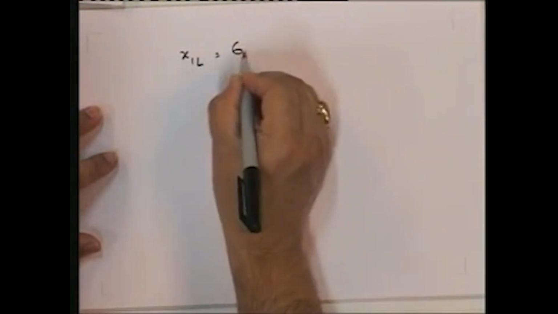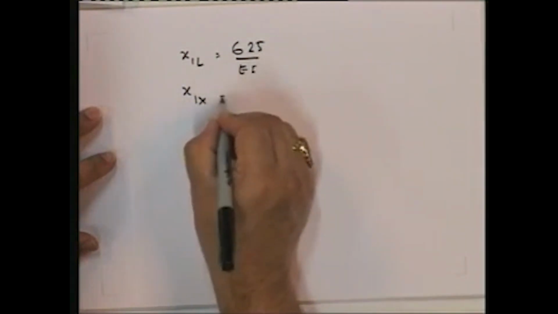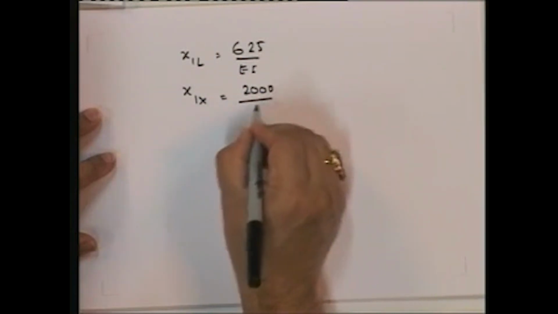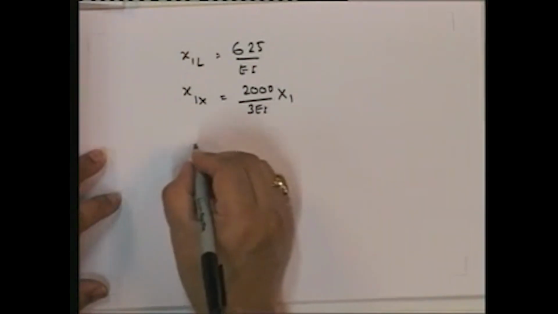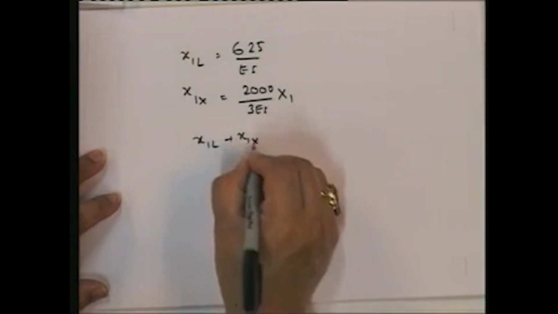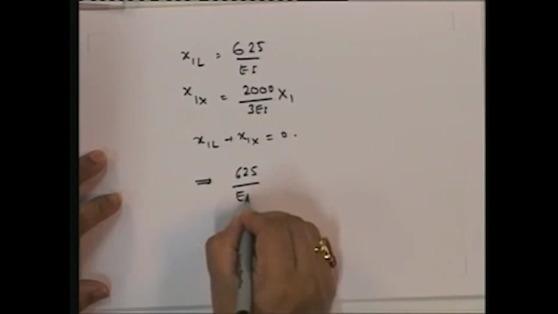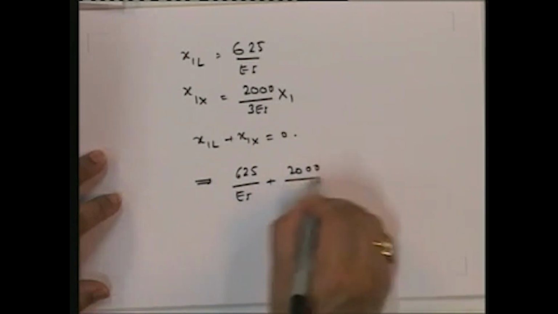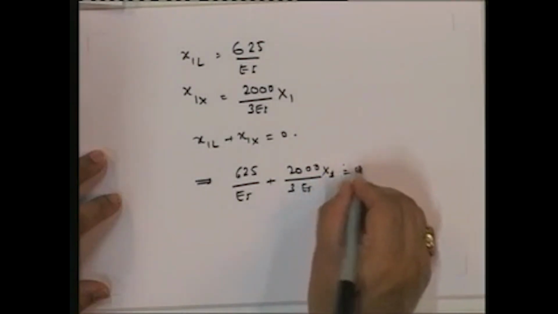The compatibility condition is going to give us what? x1L we've got is equal to 625 upon EI, x1x is equal to 2000 upon 3 EI into x1. Compatibility condition, x1L plus x1x equal to 0. This implies that 625 upon EI plus 2000 upon 3 EI x1 is equal to 0.